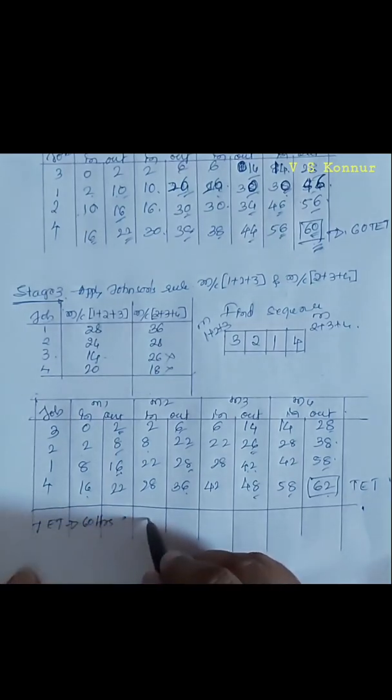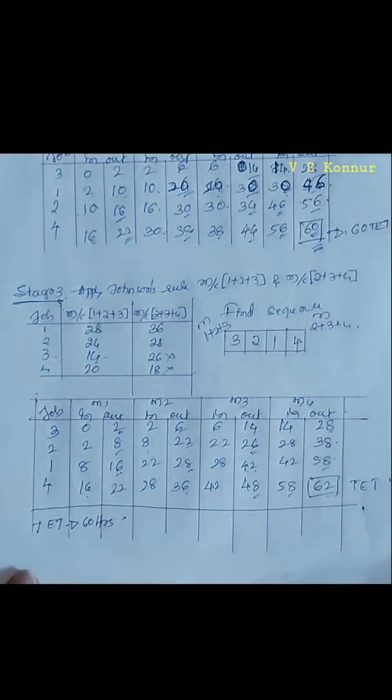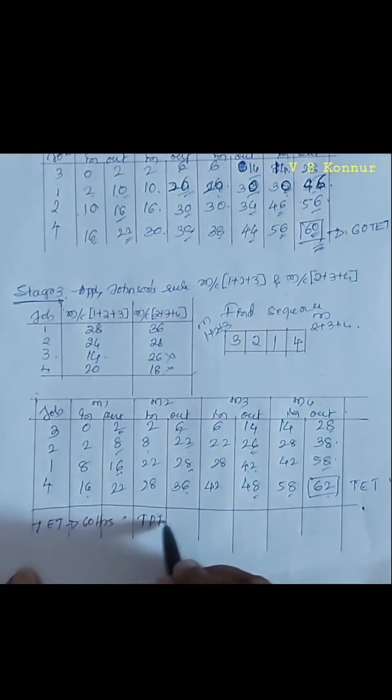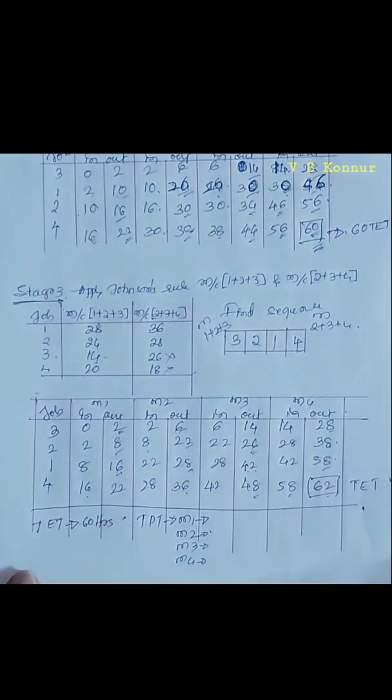And we have to find out total processing time for all the 4 machines. To calculate total processing time for all the machines, total processing time for M1, for M2, for M3, for M4. For all the 4 machines we have to calculate total processing time.